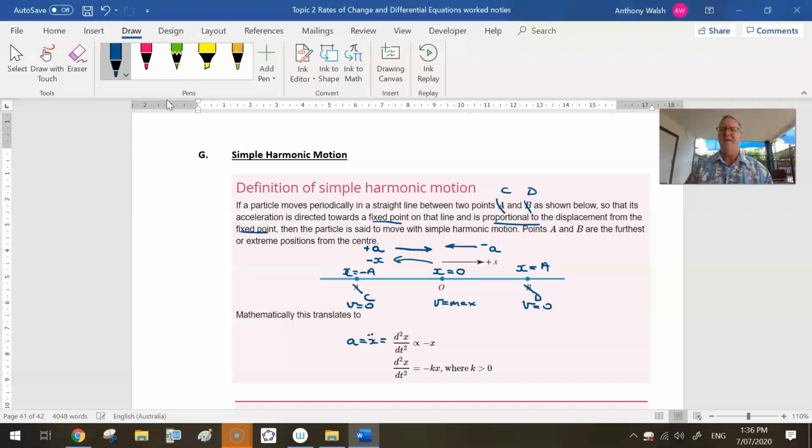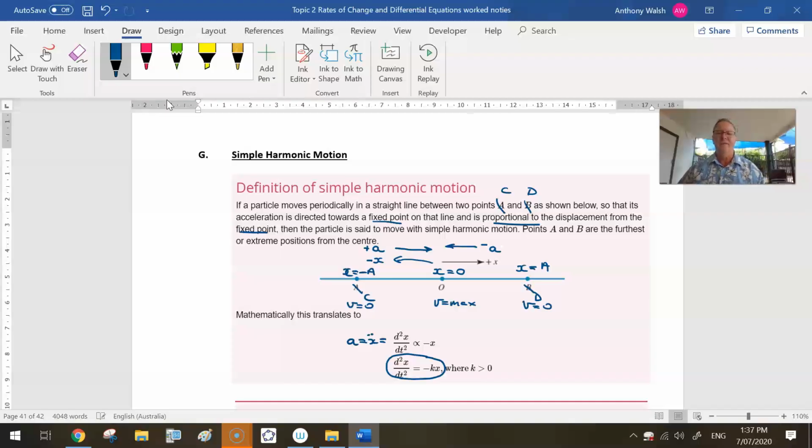Negative because it acts in the opposite direction to the displacement. So if I change that proportionality symbol into an equation, I can say that d squared x dt squared, the acceleration, is equal to negative kx, where x is displacement, and k has to be greater than 0.